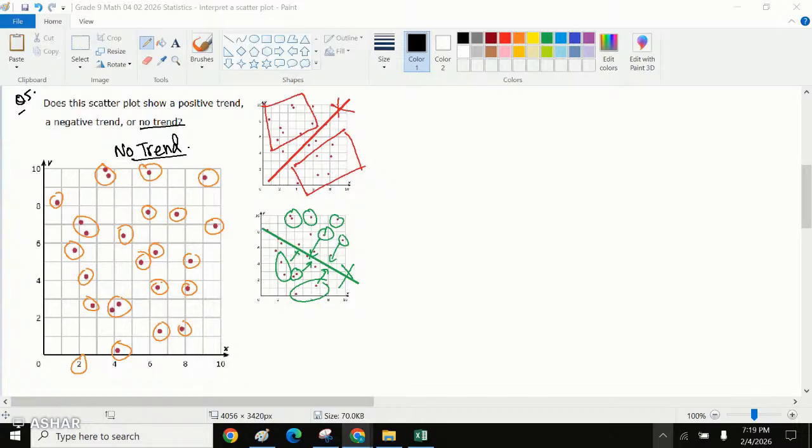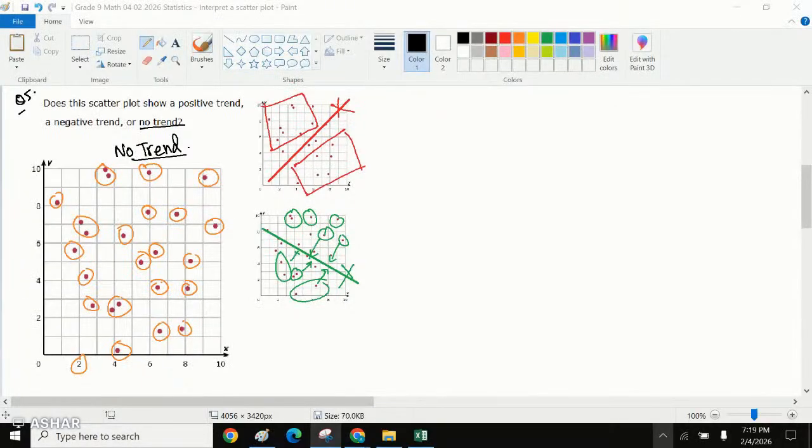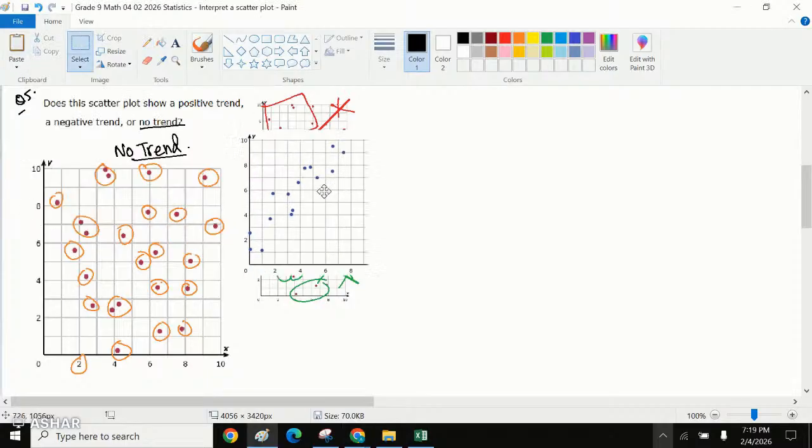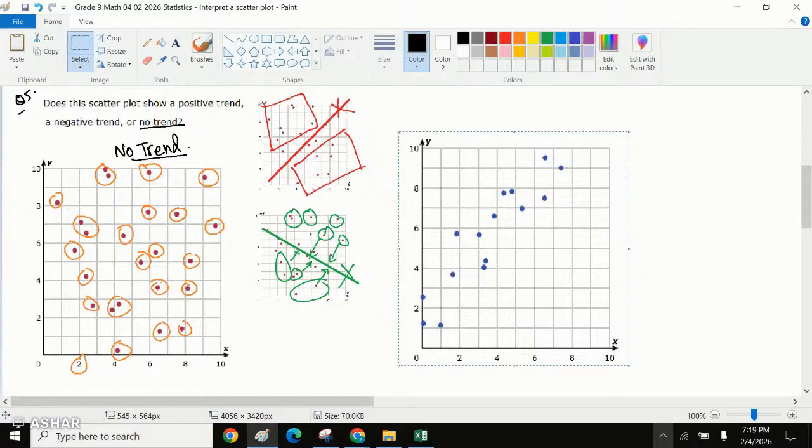For the next question, it says, does the scatter diagram have a positive correlation, negative correlation, or no correlation? The word correlation means trend. Just a moment, please. Let me copy the opening statement.